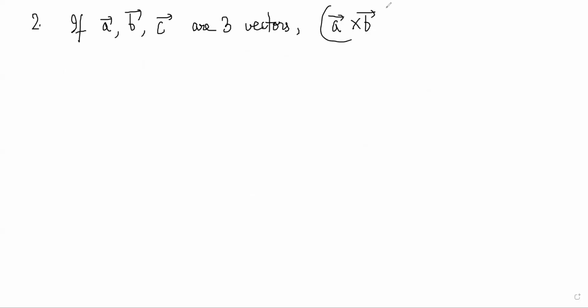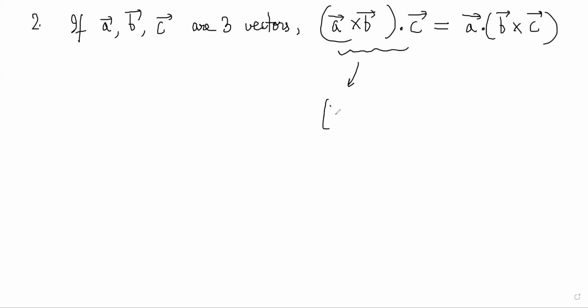The second point is, if A, B, C are three vectors, then A cross B dot product with C is the same as A dot B cross C, right? So notice that earlier we had written this as BCA, right?